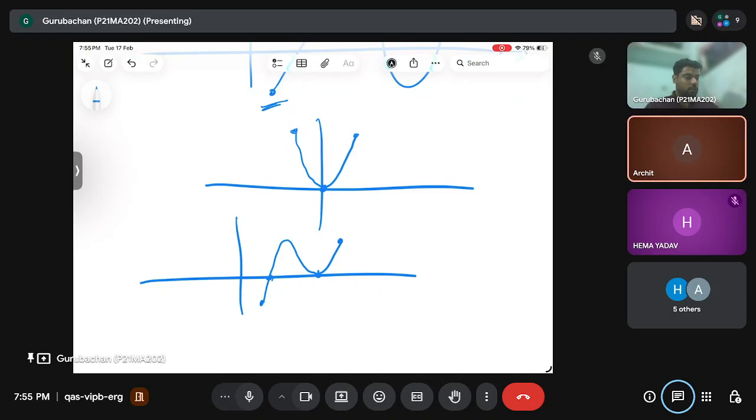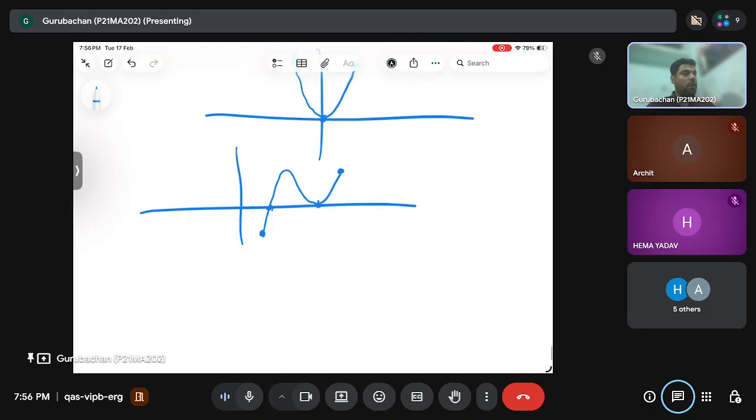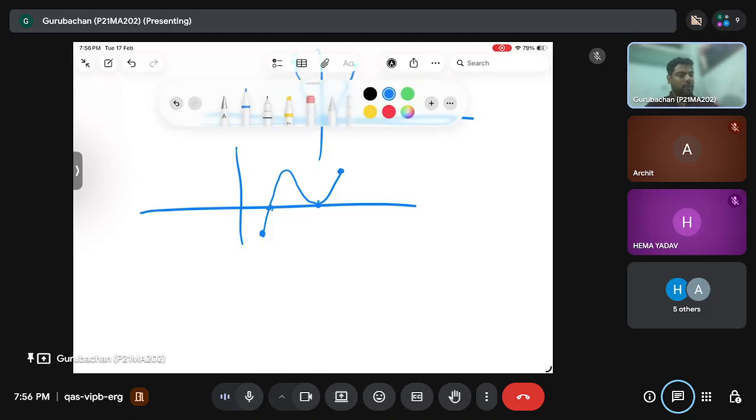So whenever one point is negative and one point is positive, there will be an odd number of roots. We can say that. I read that statement, that is why I instantly agreed with you. I don't know the proof for the time being. You can check it out. It will be an easy part of IVT.